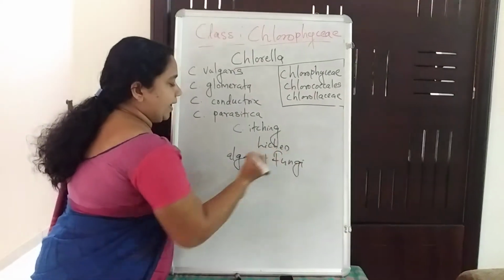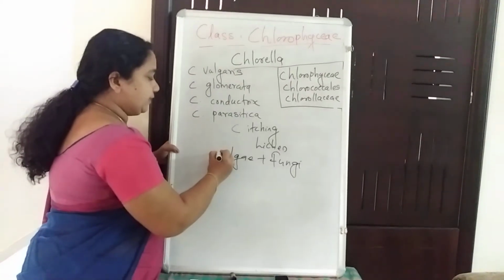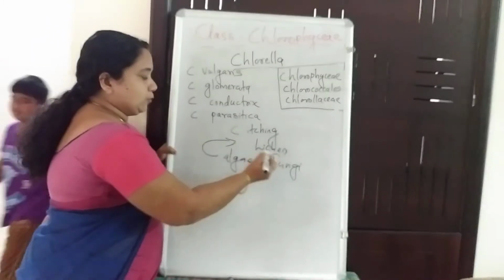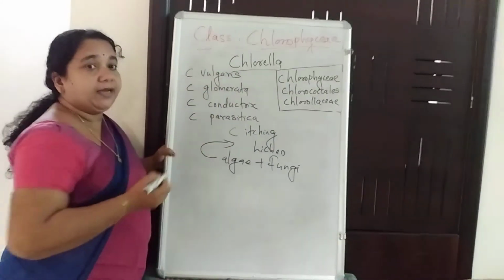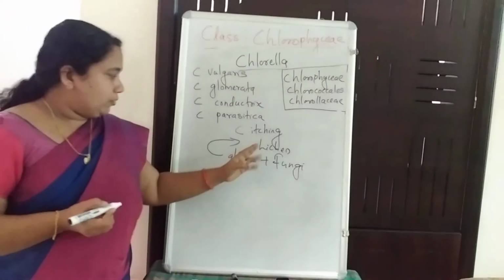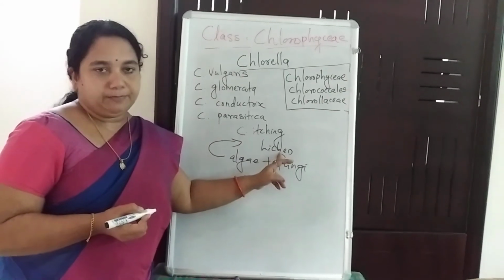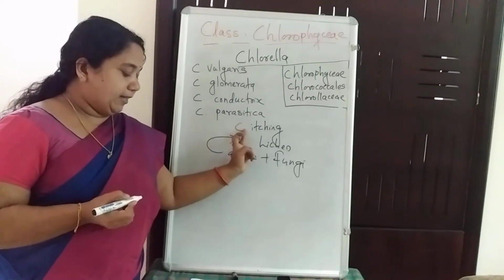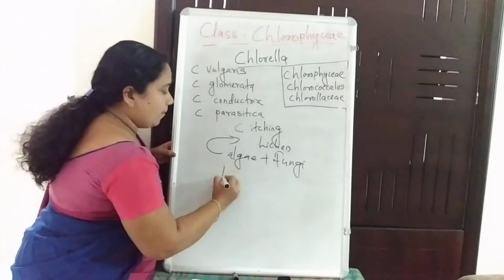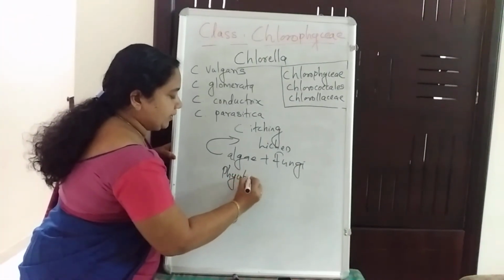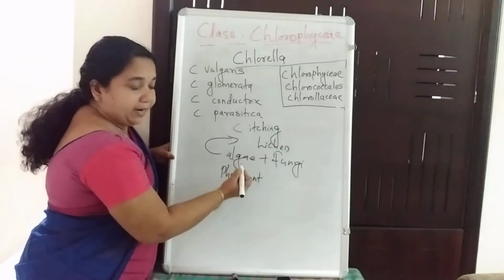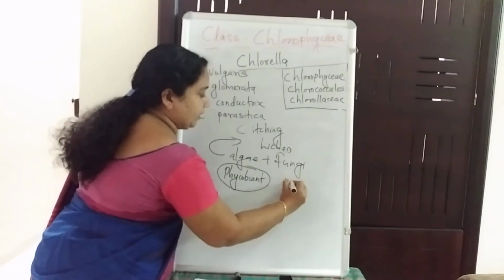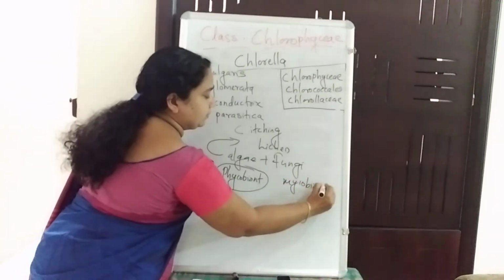So the algae and fungi got associated. Which association is noticed? Symbiotic association is noticed, and such association this Chlorella also includes. So you have to know what lichen is. It is a symbiotic association between algae and fungi. Chlorella itching, we can identify as a phycobiont. Phycobiont means it is an algal partner. The term we call phycobiont, and the fungal partner we call mycobiont.